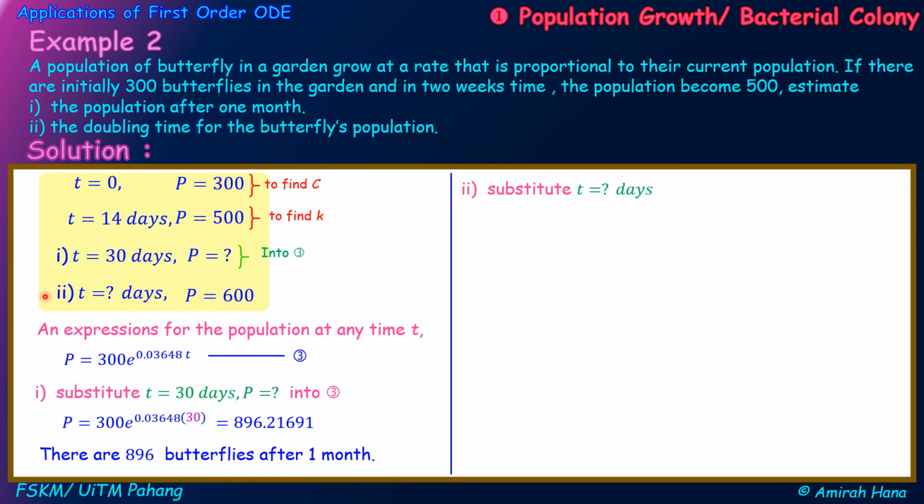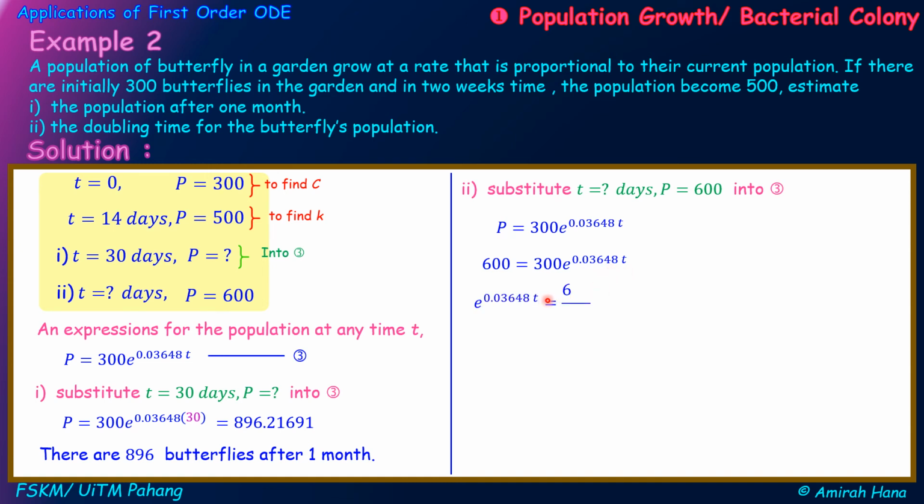After that, we can continue with question number 2. Substitute population equals 600 into equation 3. So from equation 3 here, we substitute P equals 600, and then we have 600 equals 300 e to the power of 0.03648t.